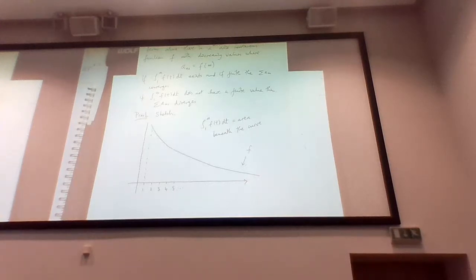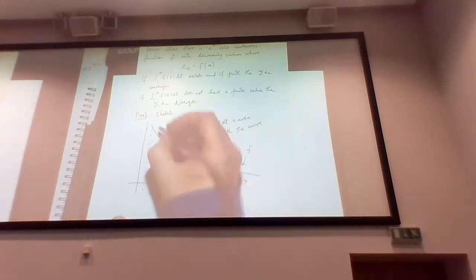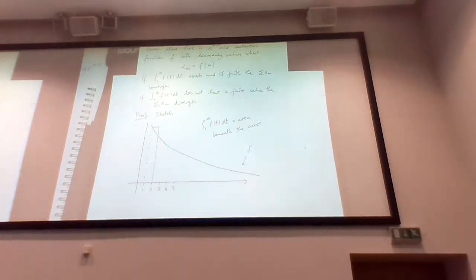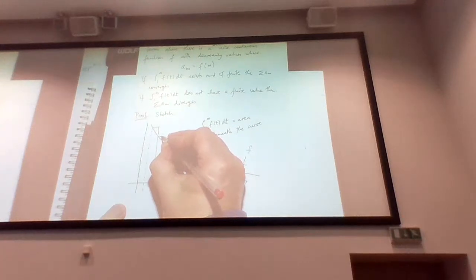But the sum of the series is also associated to an area here as well. Because A1, the quantity A1, is actually the area of that rectangle. Everybody knows the area of a rectangle is its width by its height. The rectangle is width 1 and height A1. Remember, because A1 is equal to f(1). So that rectangle has area A1.